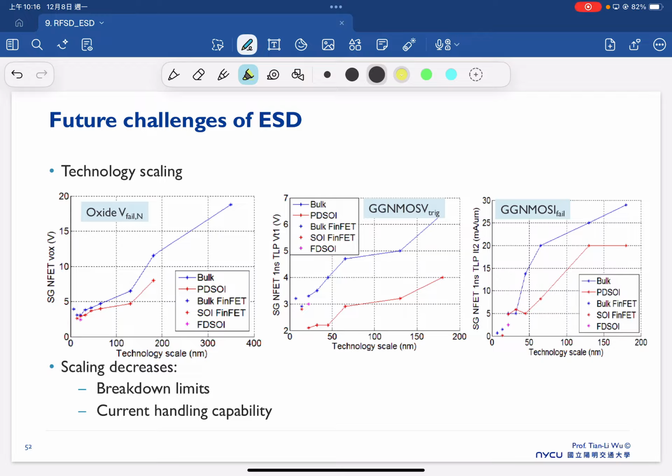As we already mentioned, once we do the scaling, we scale everything, not only the front end but also the back end, so we will see increasingly serious reliability issues.